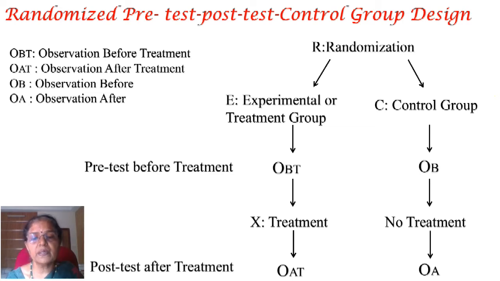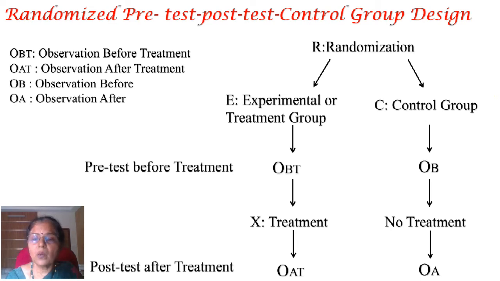And control of other IVs. What are we controlling here in this experiment? We are controlling the intelligence level and the motivational level. So control in the sense we are choosing the two groups in which the students of both the groups are of the same intelligence level and the same motivational level. That is controlling.